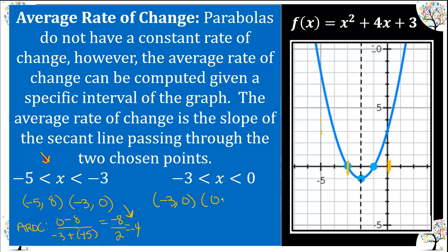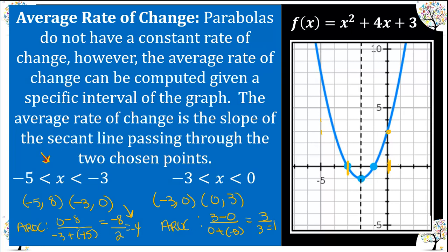And when x is 0, on my x-axis I'm at 0, I go up to the graph and we are at 3. So I have y2 minus y1 over x2 minus x1, and be careful with negatives and subtraction, so we have 3 over +3, which gives us 1.